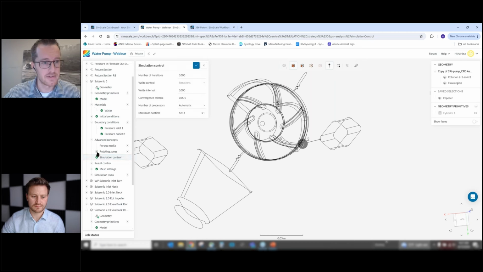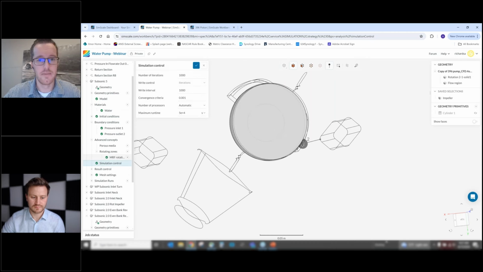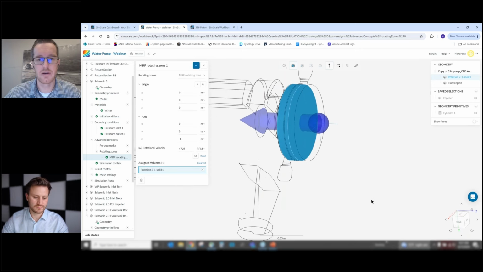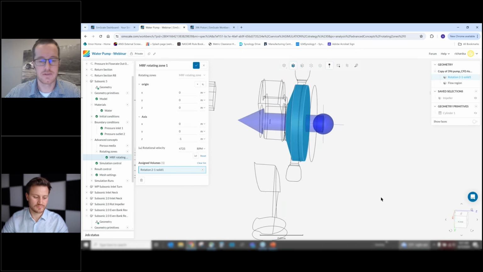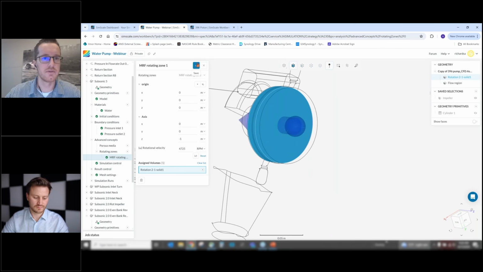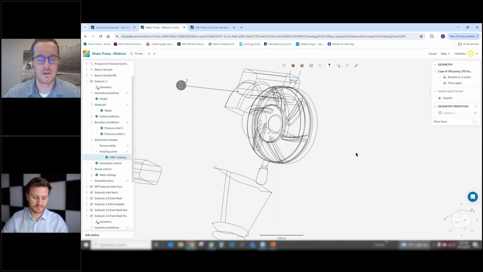And within here, there's a rotating zone that is applied to this geometry that's created within SimScale, this disk area. This comprises the impeller, and you can see we're spinning at 4,725 RPM. So SimScale provides a great solution here to rotate that impeller within the simulation and provide a real simulation of the impeller and its dynamics.